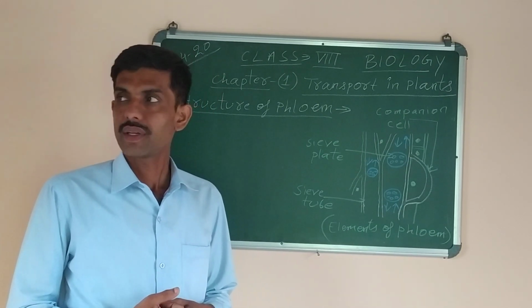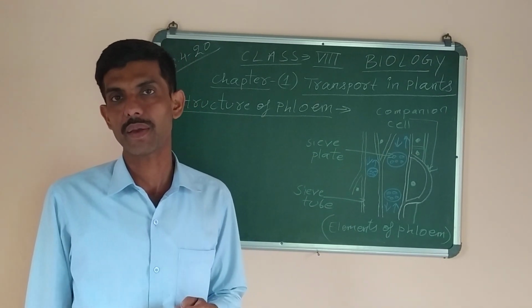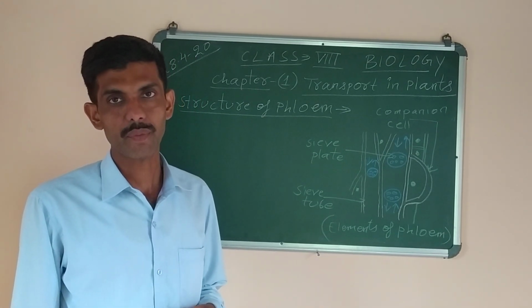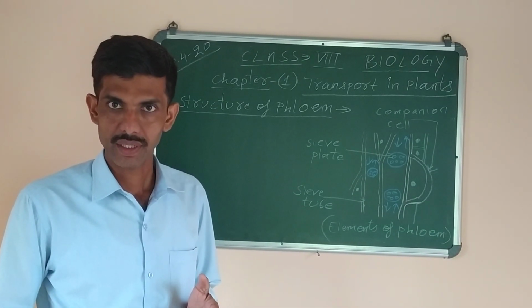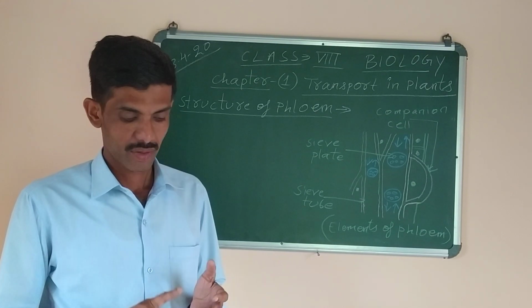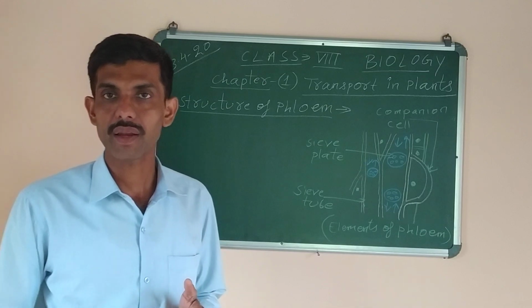Then we studied that xylem is a complex tissue which is made up of four different types of cells which are known as xylem elements. What are they? Number one, tracheids. We studied the structure of tracheids, vessels, that is xylem vessels, xylem parenchyma and xylem fibers.